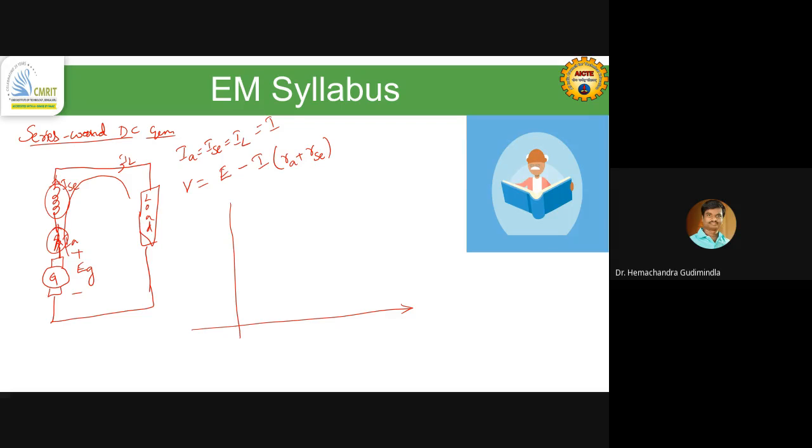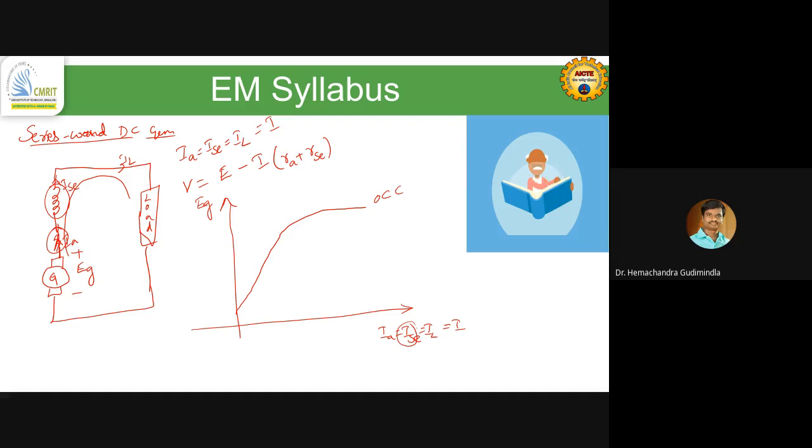The current is same, that is IA, which is same as ISE, which is same as IL, equal to I. So then the generated EMF, as we know, by increasing the field current, in the sense ISE, if the field current increases, automatically EG also will increase. This is like the open circuit characteristics.